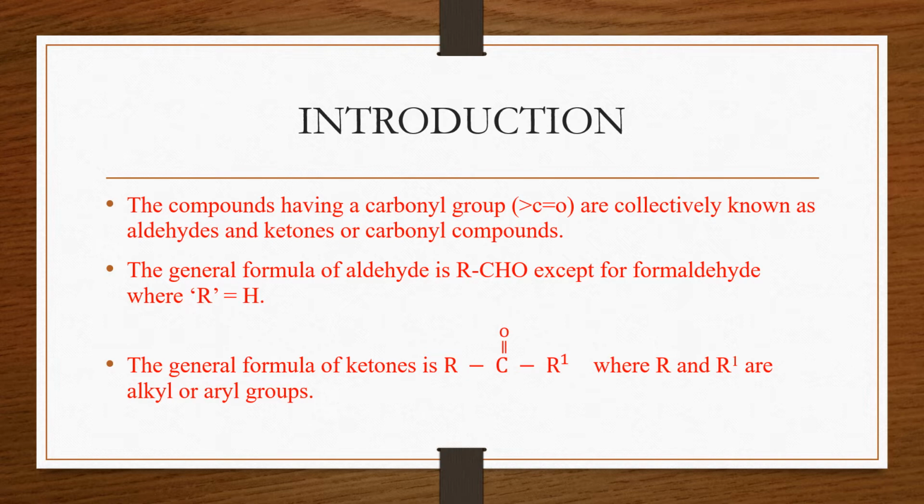The aldehyde's general formula is R C double bond O H, and the general formula for ketones is R C double bond O R dash. That means the R and R dash can be alkyl groups or aryl groups, or one alkyl and one aryl group. Whereas in aldehydes, there is only one R, which represents either an alkyl or aryl group.